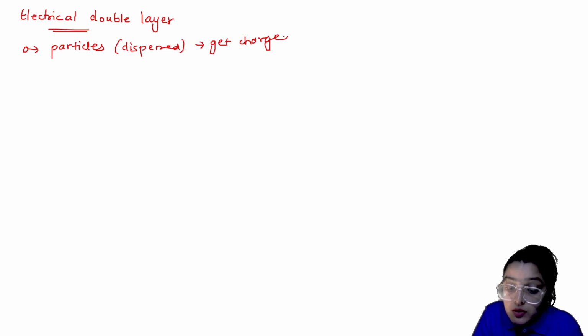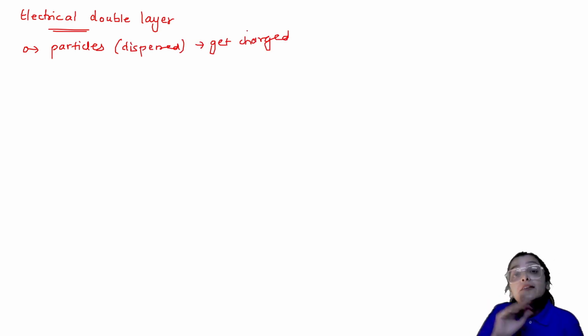Now this charge will influence the distribution of ions in the aqueous media surrounding the solid particles, due to which there will be a formation of a double layer around the particle.